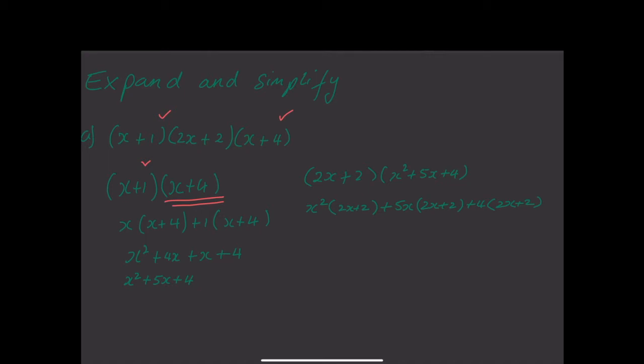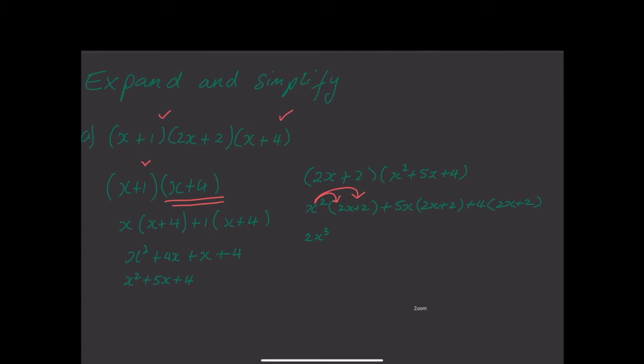So let's move on. So we multiply x squared by 2x, which is going to give us a cube. So we're going to get 2x cubed. Then we're going to multiply x squared by positive 2.